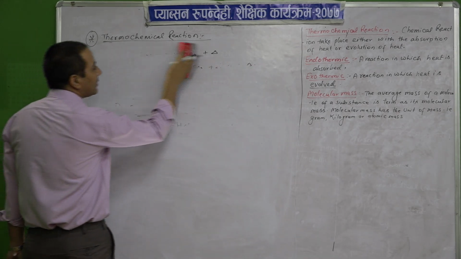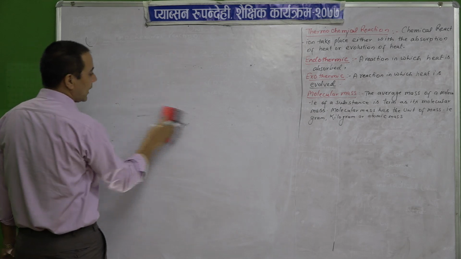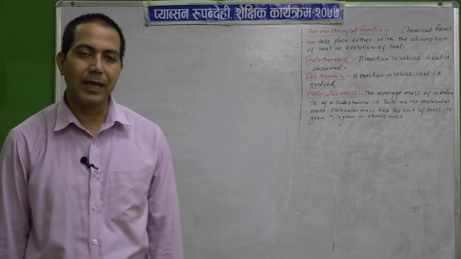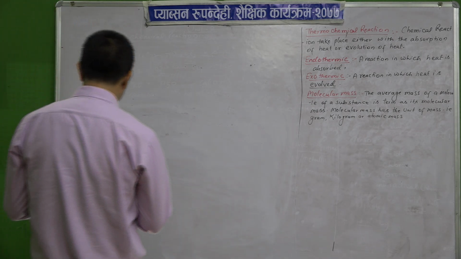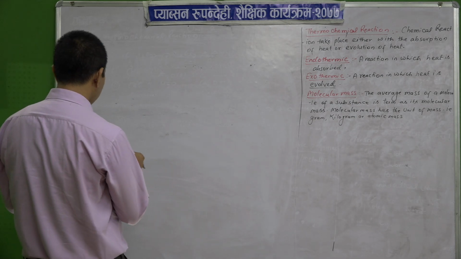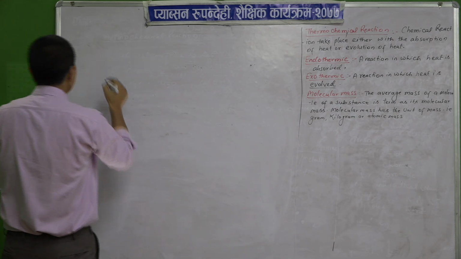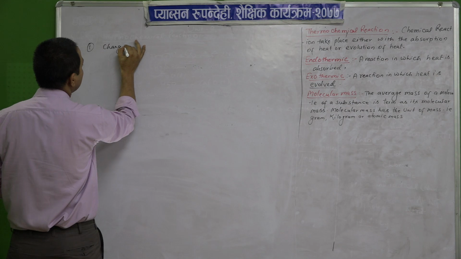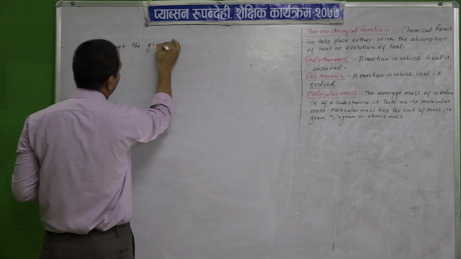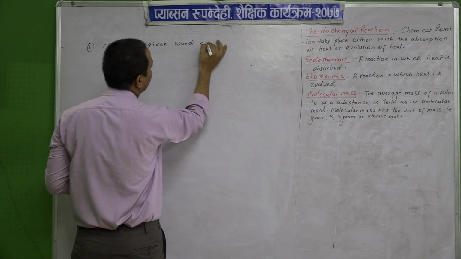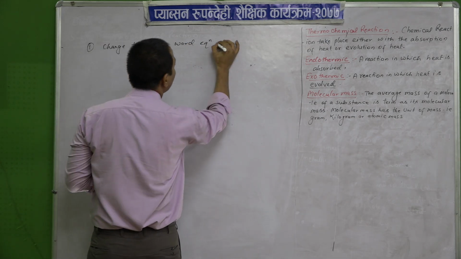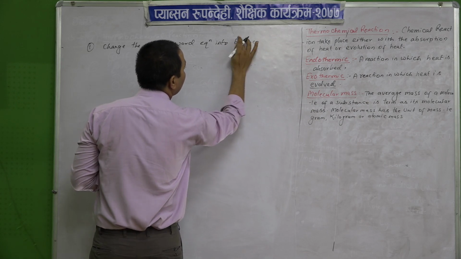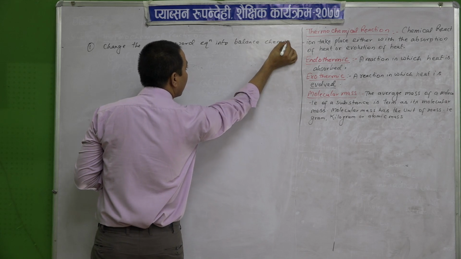Now let us try some examples or questions that are asked in our exam. Then we will go to the molecular mass. Let us try some examples. Number 1: change the given word equation into a balanced chemical equation.